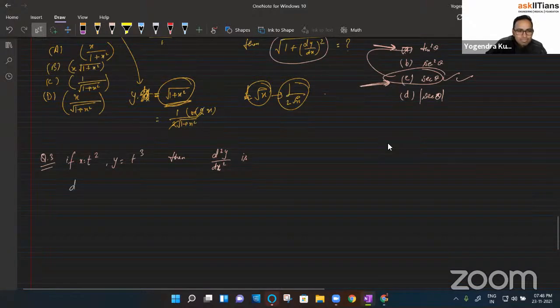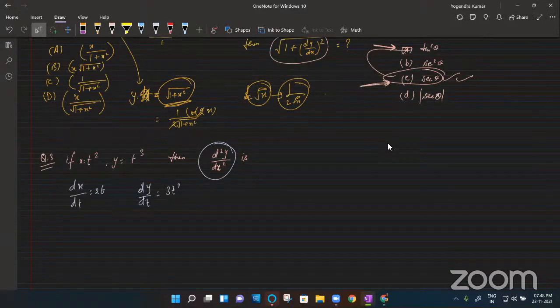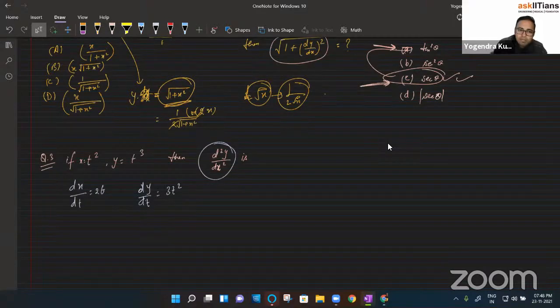Okay, guys, how do we do this? d2y upon dx squared. So we will differentiate this, right? Dx by dt, we will get 2t, correct? And then dy by dt, what do we get here? 3t squared. Now we will divide. I know we need to get d2y by dx squared, but we will get dy by dx here, correct?